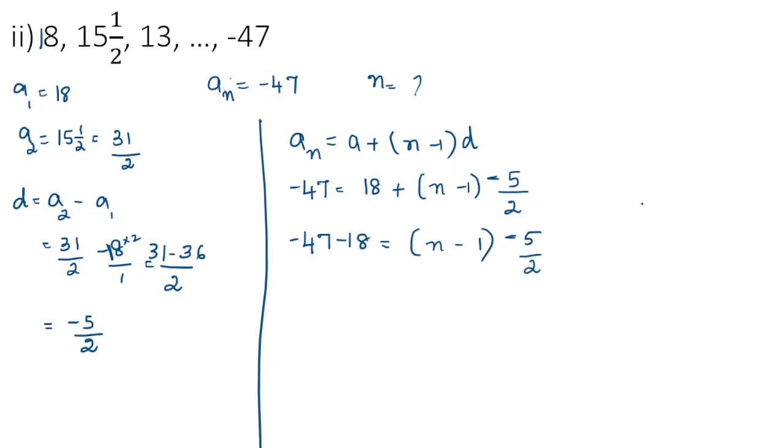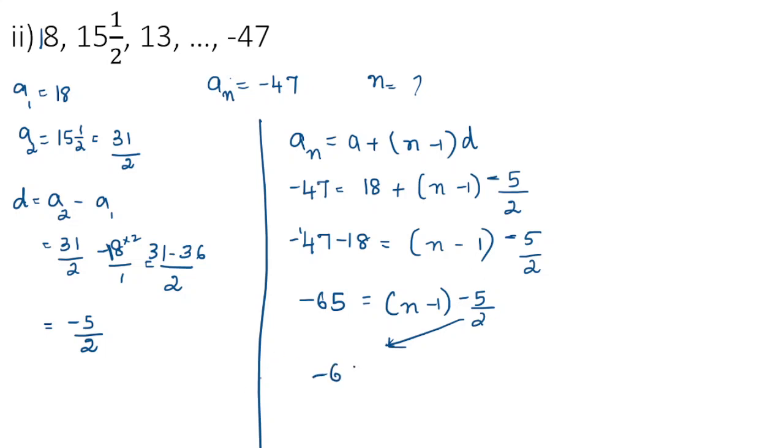Now minus 47 and minus 18 we need to add, isn't it? 7 plus 8 is how much? 15. 1 remains and 5, 6. So minus 65 is equal to N minus 1 into minus 5 by 2. This goes down, isn't it? Whenever it goes down, the numerator goes to the denominator, and the denominator goes to the numerator.